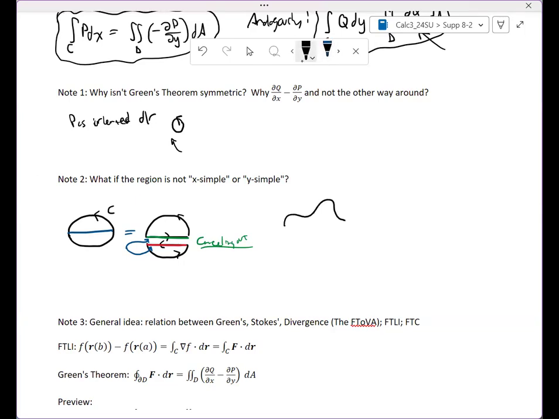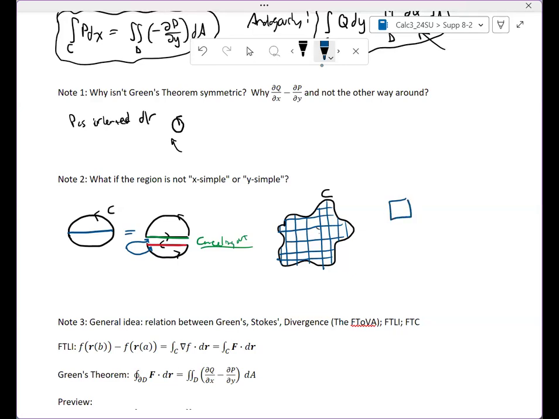So what if I have some funky region like this, some funky curve like this? Well, what I can imagine doing with Green's theorem is splitting this up into a whole bunch of really small rectangles. And if I split this into an absolute ton of rectangles, I'll end up with essentially one of two cases.